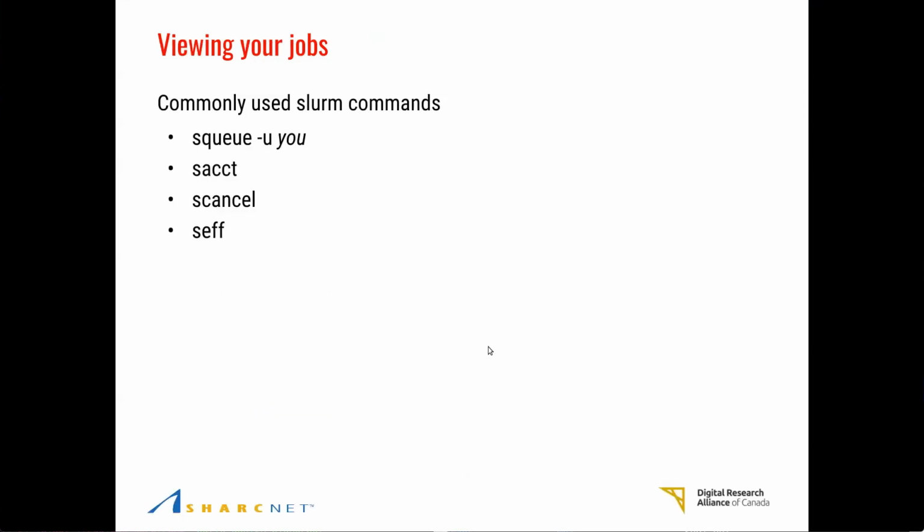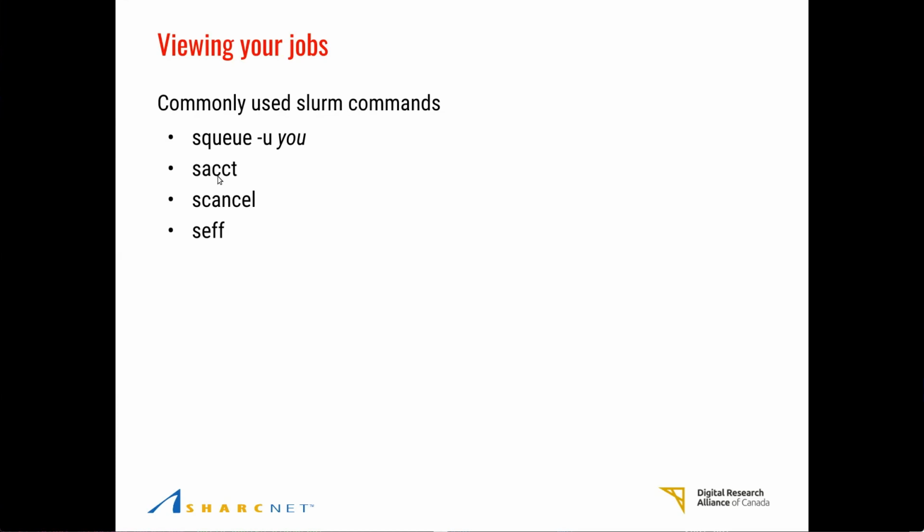Okay, there are a few commands you might want to get yourself familiar with. squeue: after you submit your program using sbatch, you want to run the command squeue immediately to see your jobs, whether they are in the queue or they are running.